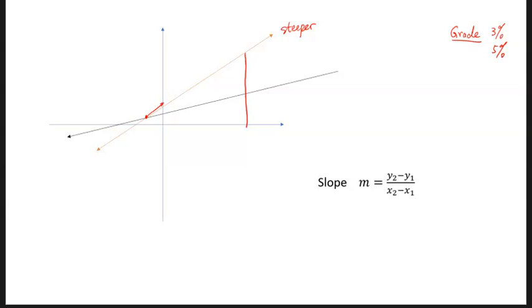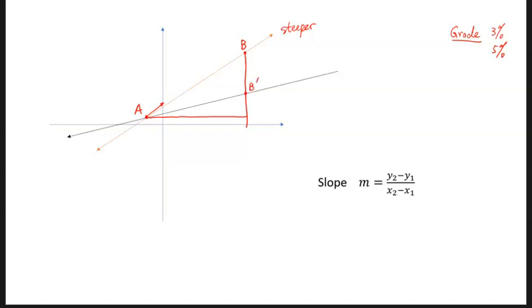As you can see, the rise is... I'm going to draw a horizontal line here and a vertical line. So as you can see here, if we drive from this spot A, let's call this spot B, and this is spot B prime.